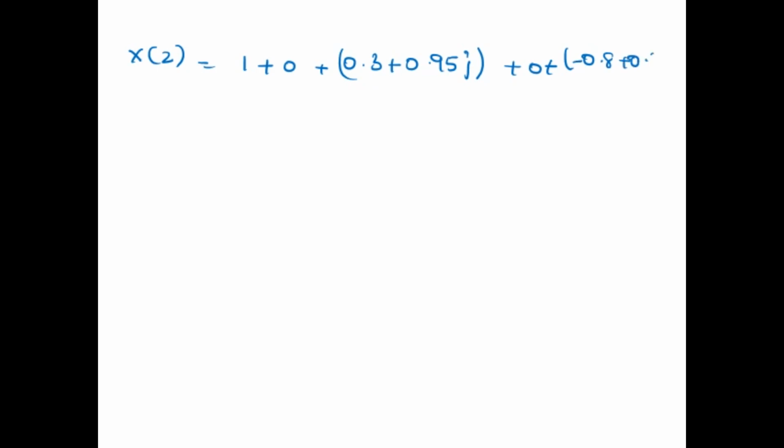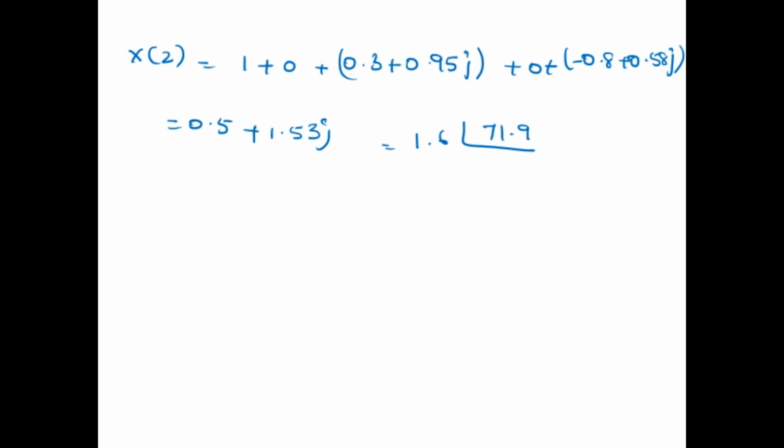Similarly, x of 2 is equal to 1 plus 0 plus 0.3 plus 0.95j plus 0 plus minus 0.8 plus 0.58j, which is equal to 0.5 plus 1.53j, or 1.6 at an angle of 71.9 degrees.